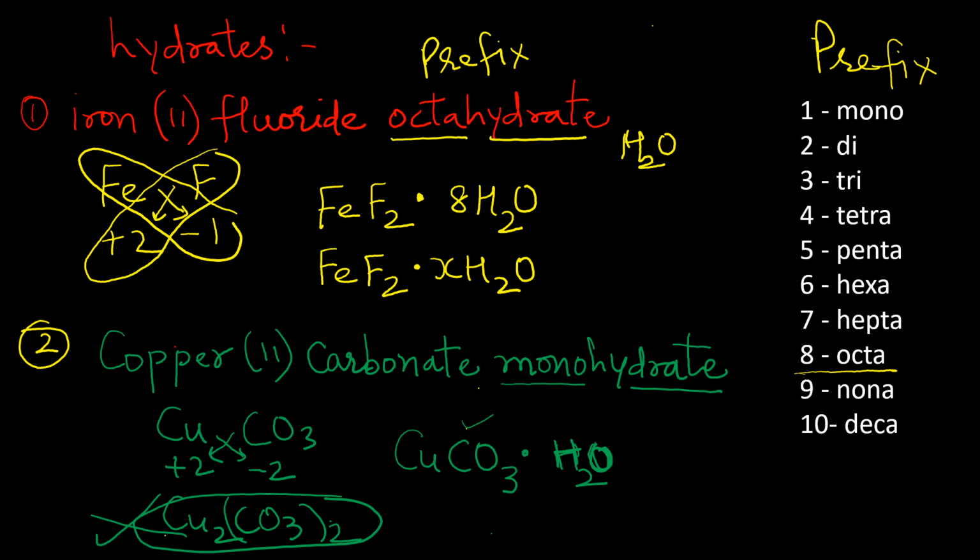So up to here, we have worked in detail how to write the formulas for the different types of ionic compounds: with the monovalents, with the multivalents, with the polyatomic ions, with the hydrates. All right. Now let's move on to how we write the names for all these, separately.